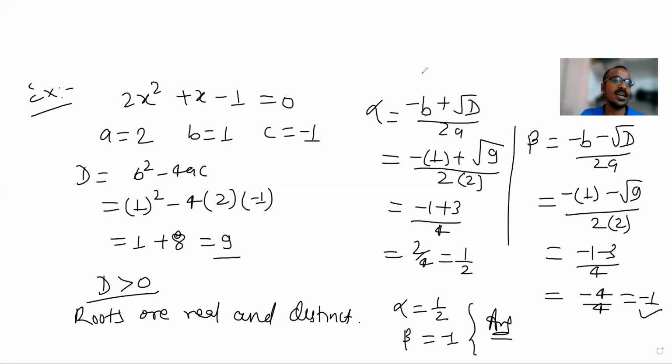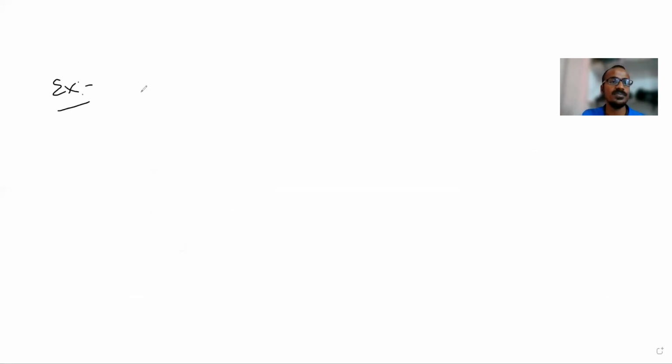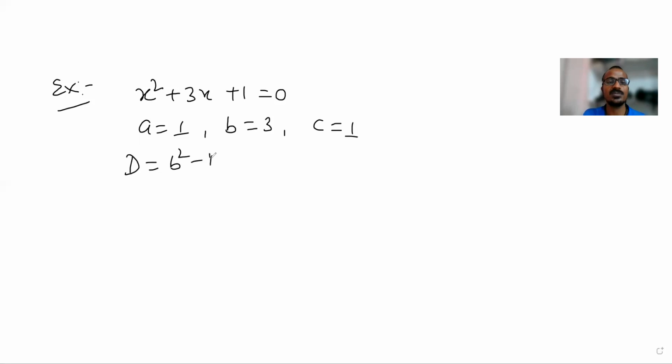I am taking the last illustration. x square plus 3x plus 1 is equal to 0. What is the value of a, guys? 1. What is the value of b, guys? 3. c, guys? 1. Calculate D. b square minus 4ac.